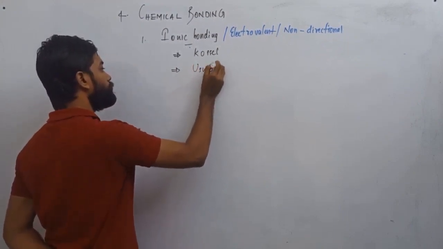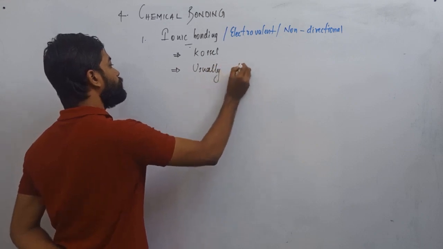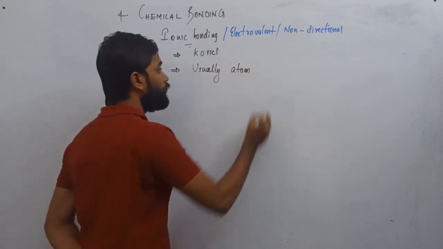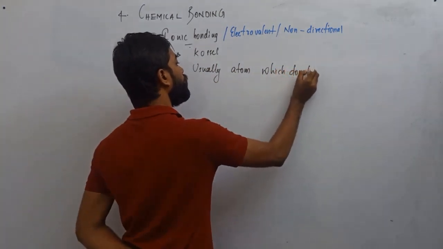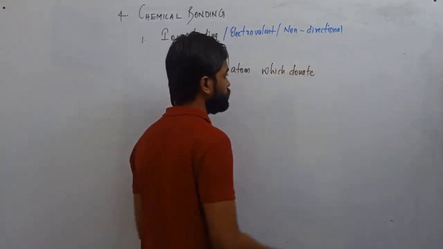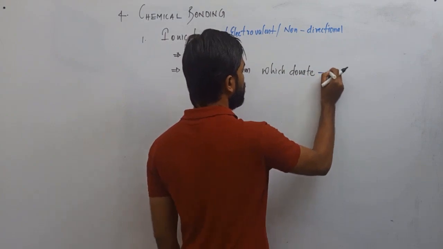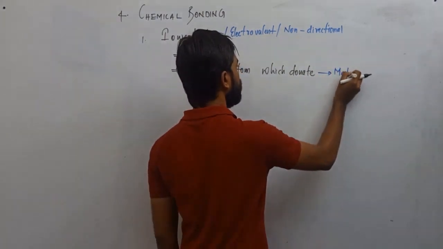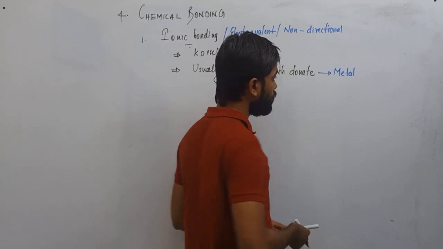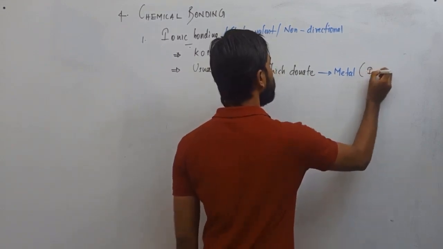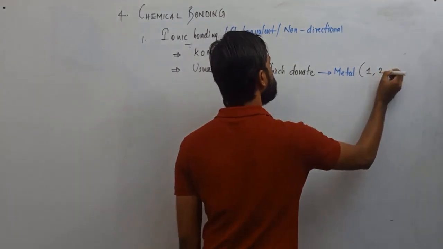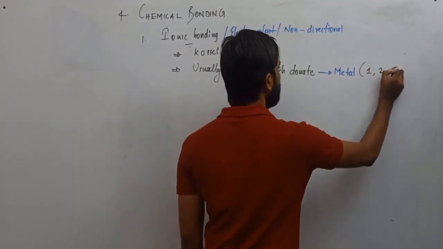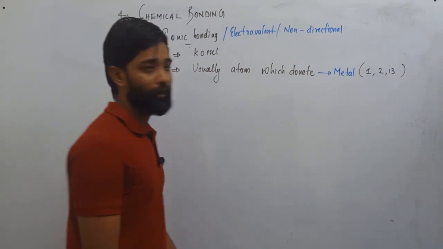Usually the atom which donates the electron will be a metal, a metal of group 1, 2, 13, like aluminum.